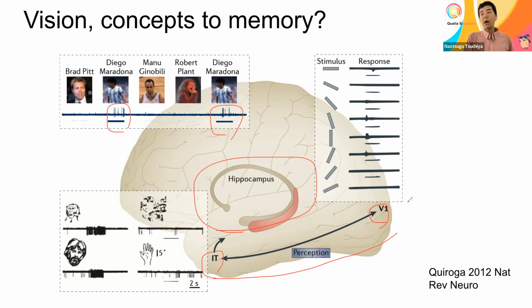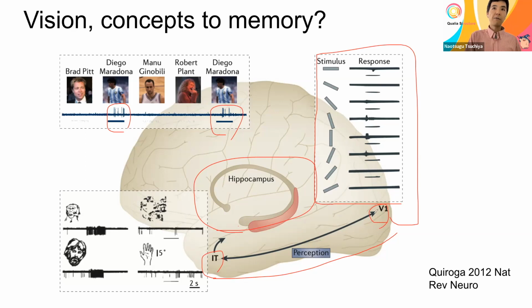So at the earliest stage of the visual processing, people usually assume that the response is determined by simple features such as orientation of the stimulus and so on. And that's what I explained for the property of the response in V1.